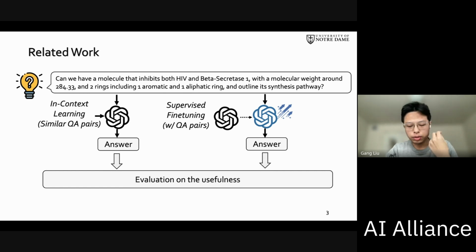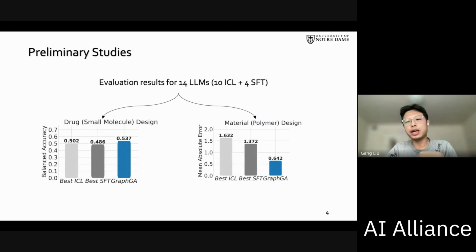With these two pipelines, we can evaluate the usefulness of the large language model in different inverse design tasks. Here are some results in our preliminary study. We first evaluate 10 large language models with the in-context learning method and 4 different models with supervised fine-tuning, and we focus on both the drug design task and the material design task.